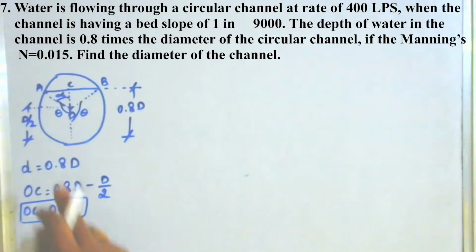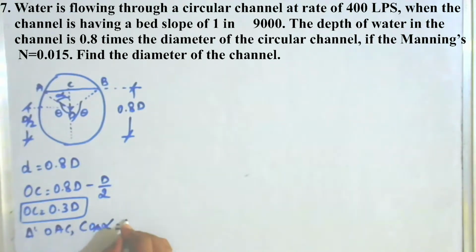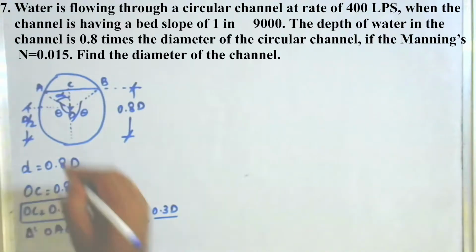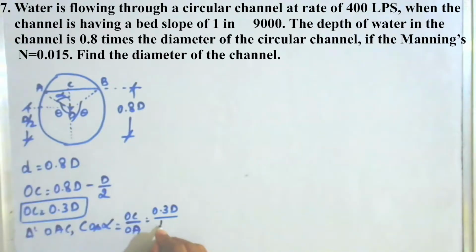From the triangle OAC, cos alpha is equal to OC divided by OA. What is OC? 0.3 times D. Then what is the OA value? That is nothing but D by 2.